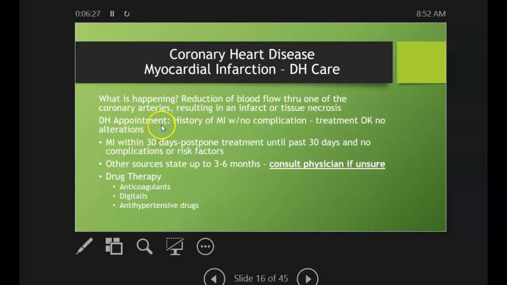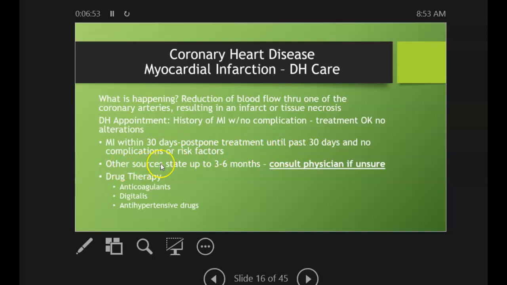So for a dental hygiene appointment with a patient who's had a history of an MI with no complications, treatment isn't really altered. They may be taking medications that have some oral implications, but as long as they're stable and there's no complications, there's really not much different. Now, if they've had their heart attack within 30 days, you postpone the treatment until they've reached the 30-day mark.